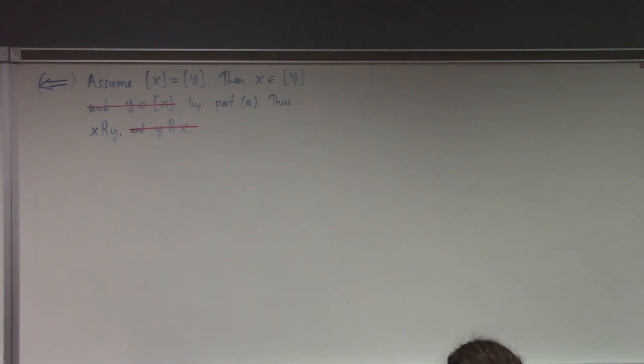All right, so there you go. That's part A. That's part B. Part C, we want to prove that two equivalence classes being disjoint is true if and only if x is not related to y, right?